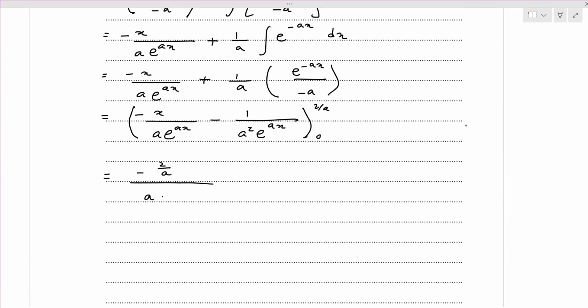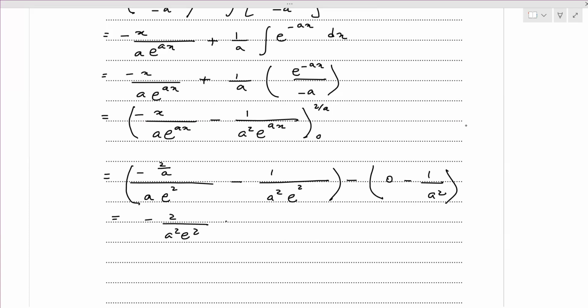over a e power 2 over a means square will remain only, minus 1 over a square e power 2 over a, then e square remained. Upper limit minus lower limit, 0, so first is 0 minus second one is 1 over a square, second one is 1 over a square, so it will be minus 2 over a square e square minus 1 over a square e square plus 1 over a square.